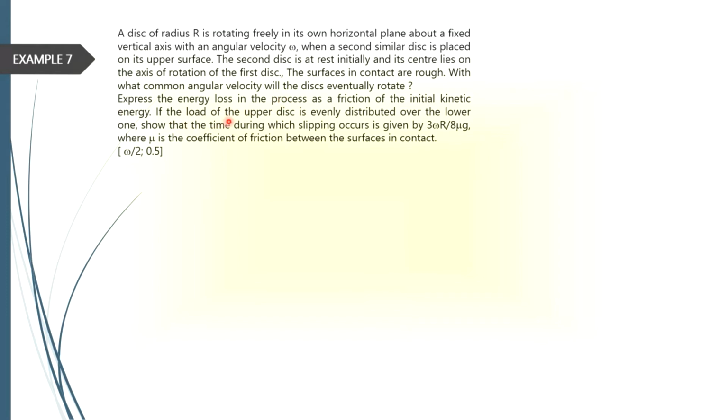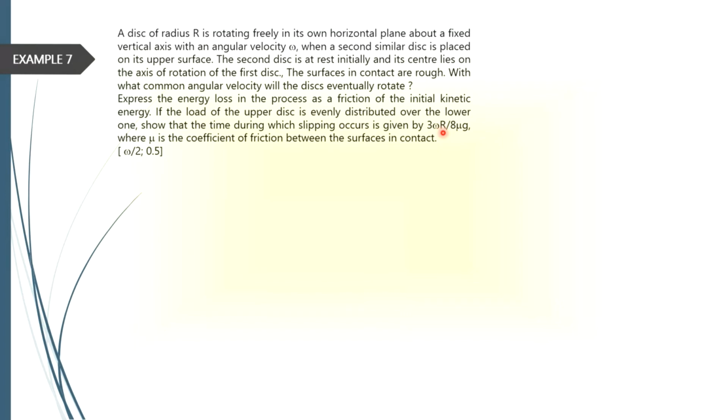If the load of the upper disk is evenly distributed, you can consider this as uniform pressure, because they say the load is uniformly distributed over the lower one. Show the time during which slipping occurs is given by 3 omega r over 8 mu g.